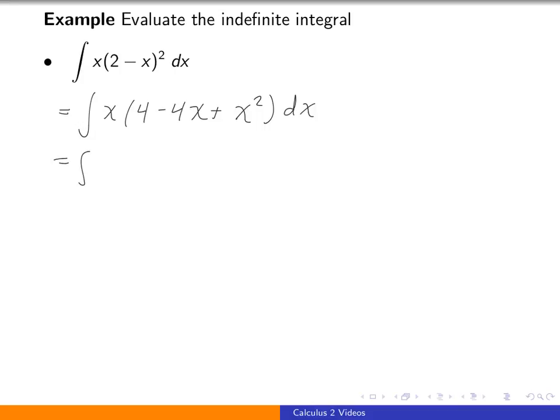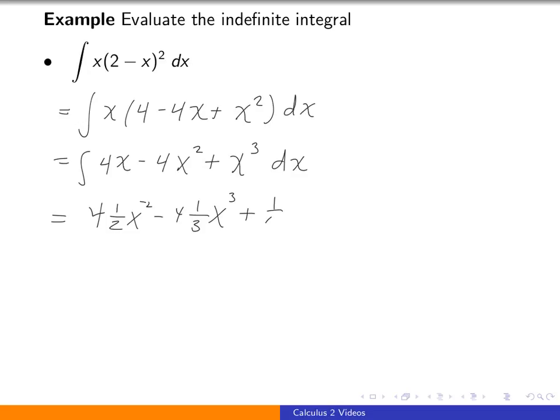Distribute out our x, and we would have 4x minus 4x squared plus x cubed. So once again, a little bit of algebra can go a long way. Now anti-differentiate term by term. So x to the first would be 1/2 x squared minus 4, and we have x squared, so 2 plus 1 is 3, 1/3 x cubed plus 1/4 x to the 4th plus c.